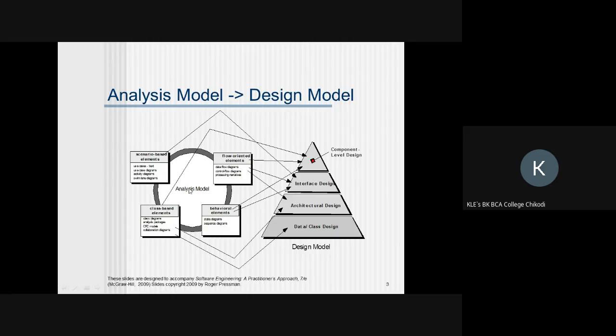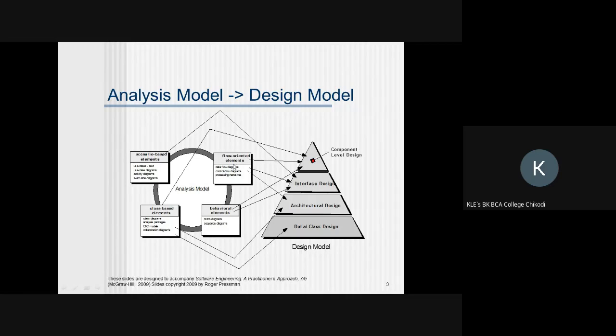As shown here at the left side, the analysis model has scenario based elements like use case text, use case diagrams, activity diagrams. All those diagrams depict the modular structures of one complete design of a software or system.